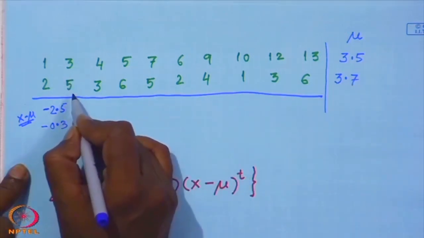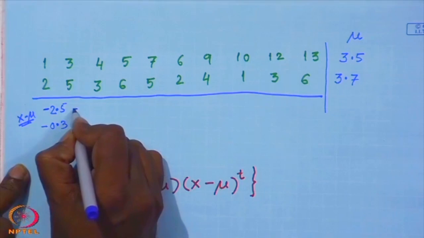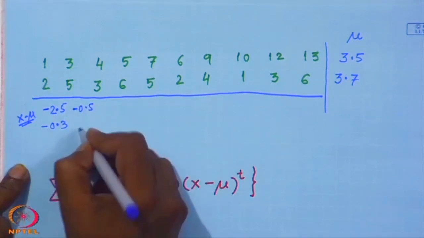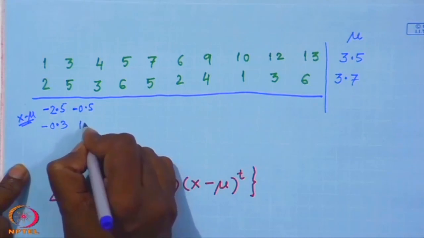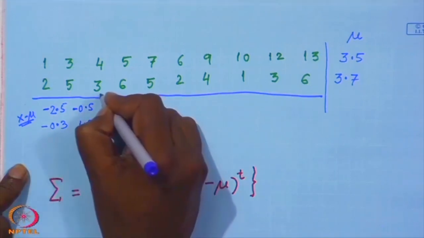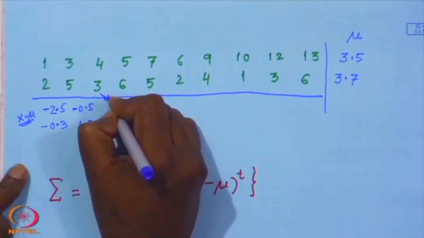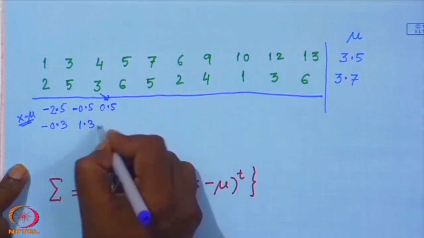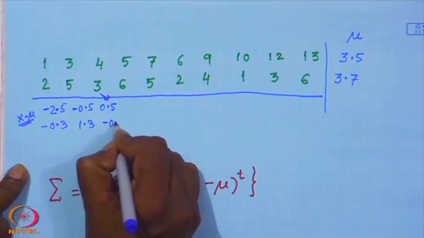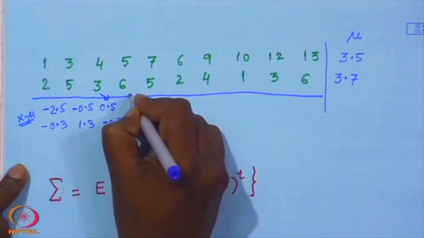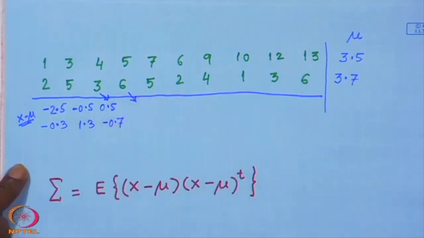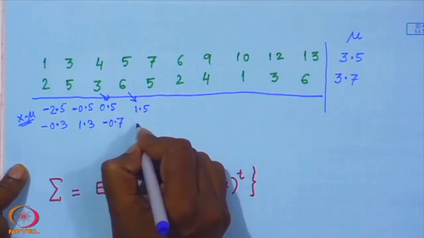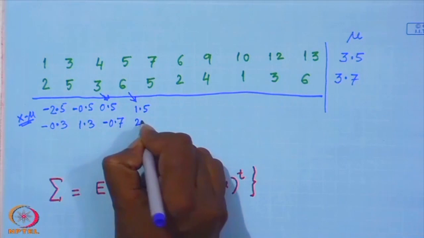For the second feature vector, it will be (minus 0.5, 1.3). For the third vector, it will be (0.5, minus 0.7). For the fourth vector, it will be (1.5, 2.3).